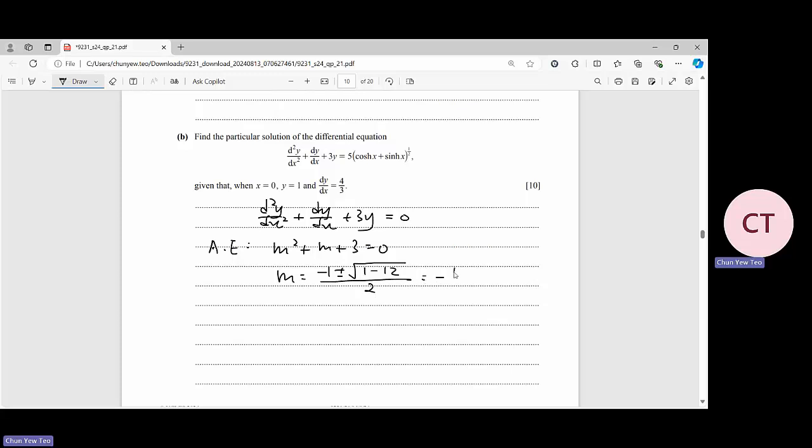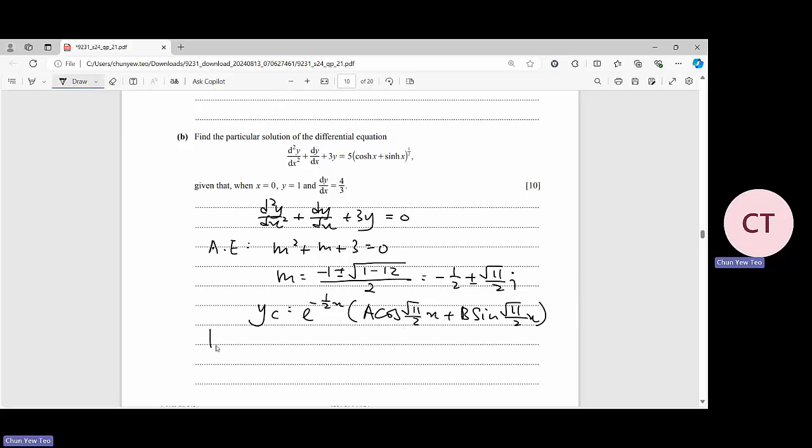That will give you negative half plus minus square root of 11 over 2 i. Oh, sorry, this is i, not x. So your complementary function will be e to the power of negative half x, A cos of square root 11 over 2 x plus B sine of square root of 11 over 2 x. Okay, so this is the answer for the complementary function.